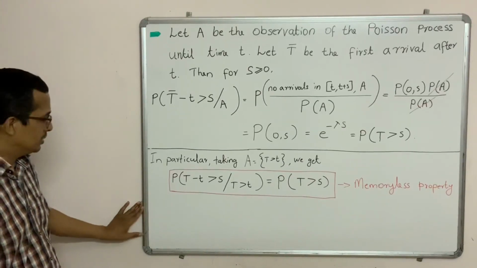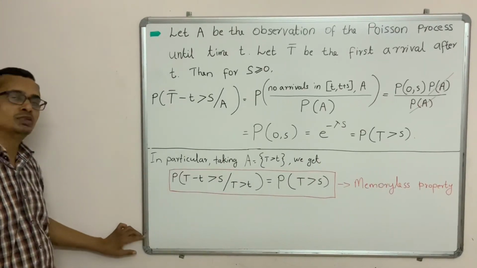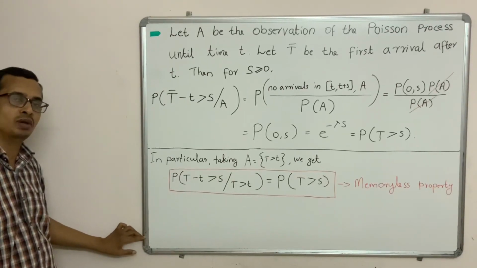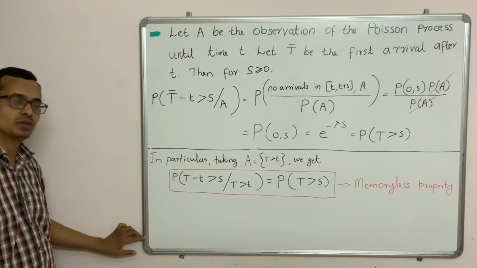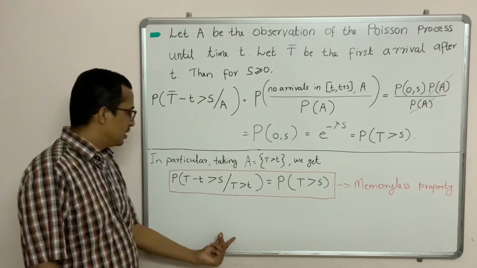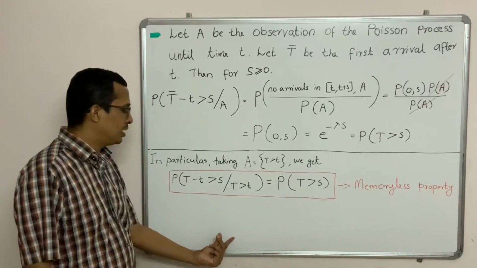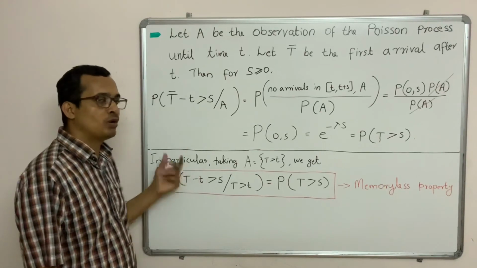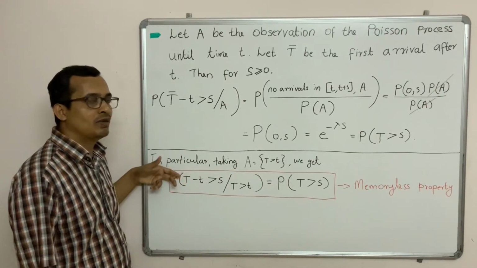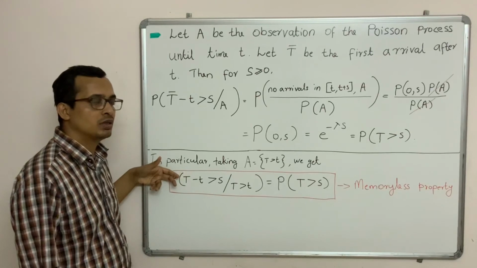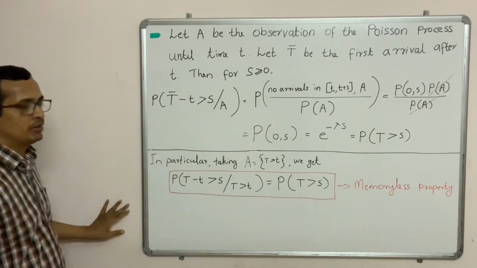So this is the memoryless property of the exponential distribution, or of the underlying Poisson process. Your observation that there is no arrival till time t has no effect on when the first arrival happens after time t. That's why it is called the memoryless property.